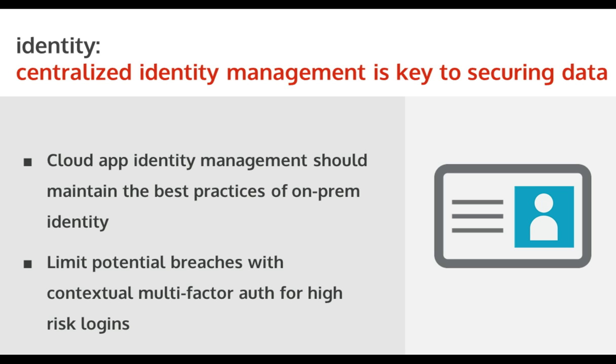So you layer a security piece on top of your existing identity solutions, and those end up being the most flexible and most secure ways of connecting identity with Office 365.